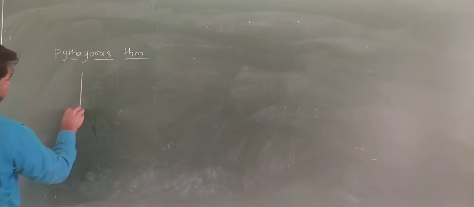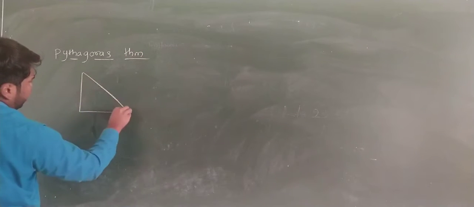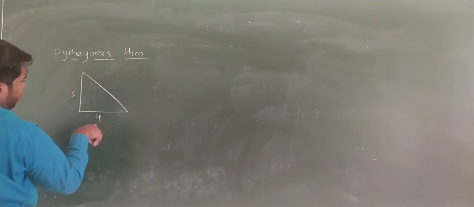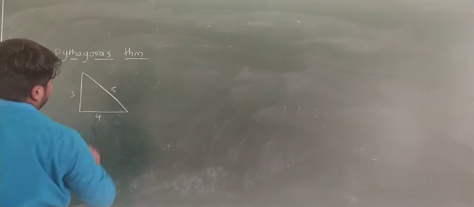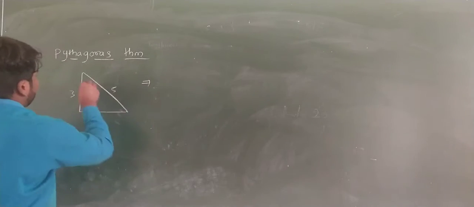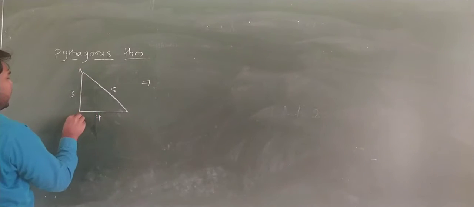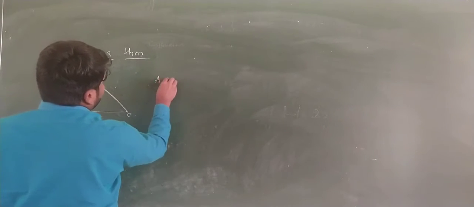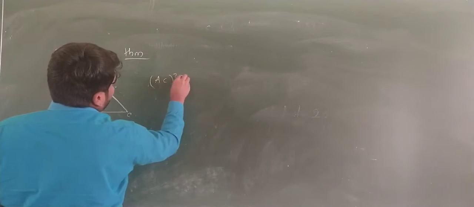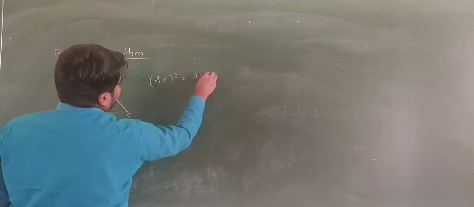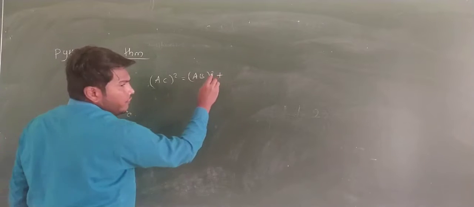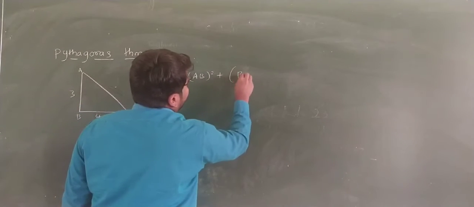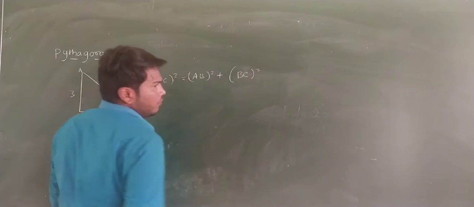If I consider a right angle triangle, this side is 3, this is 4 and this is 5. I will name the vertices A, B, C. What is the formula? AC square is equal to AB square plus BC square. So this is your formula.